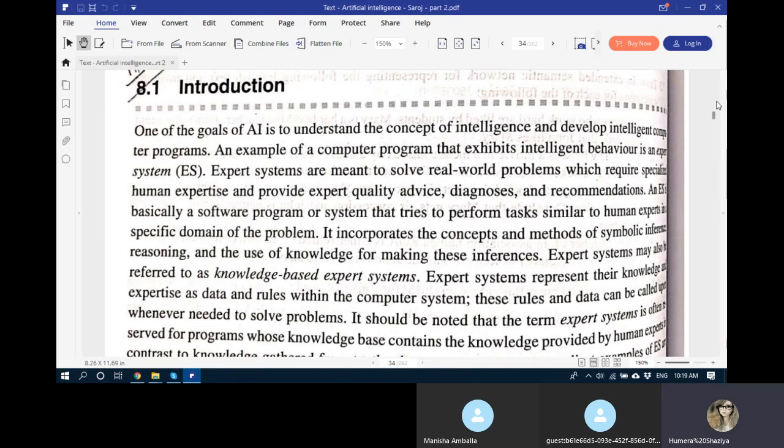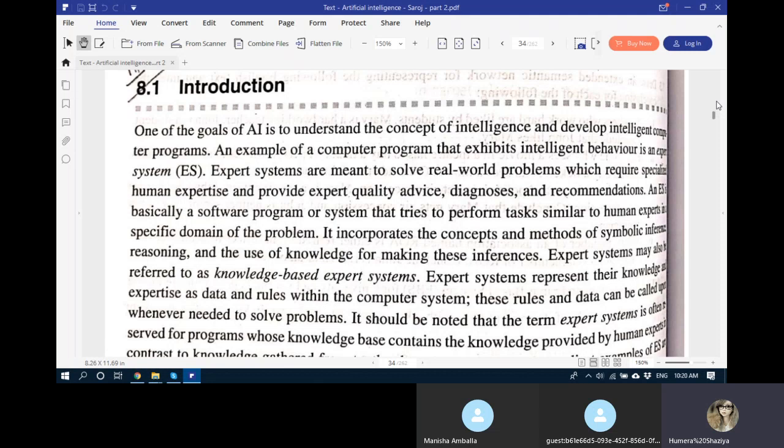For example, if I say that that particular person is a pediatrician, or a gastroenterologist, or cardiologist, or ophthalmologist, what are these?